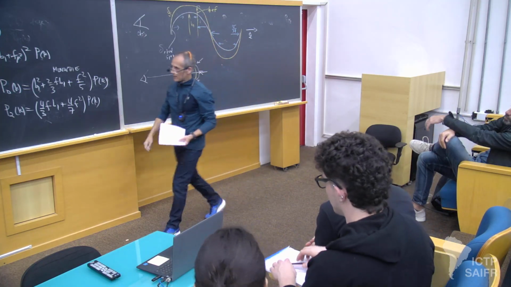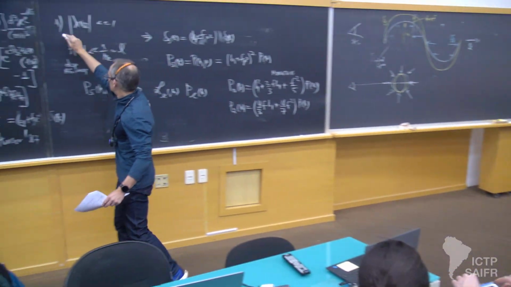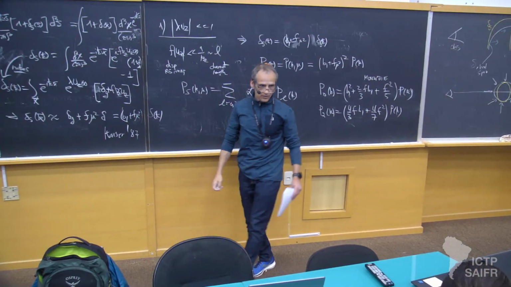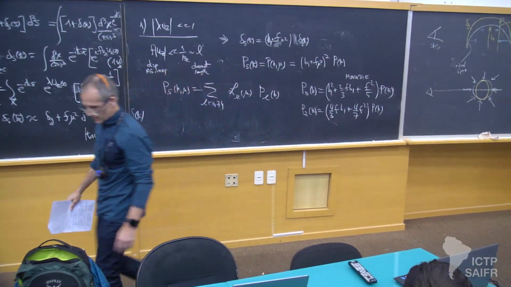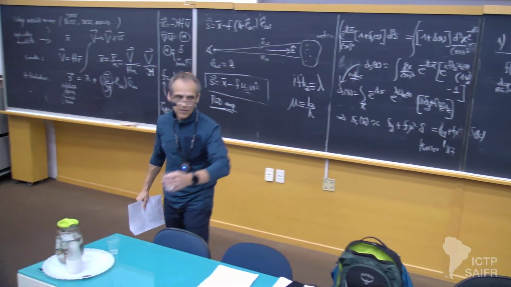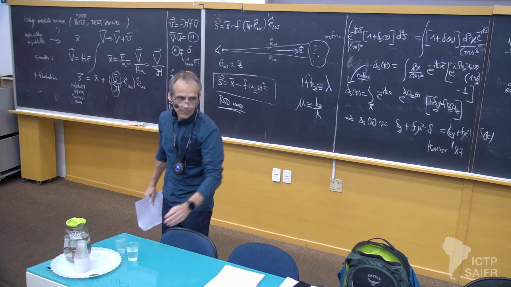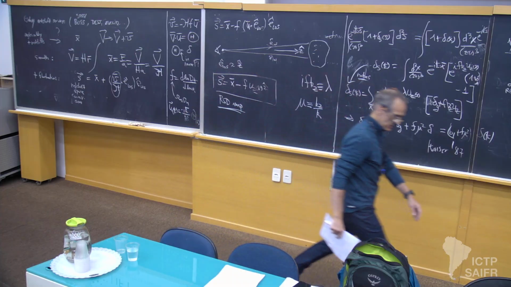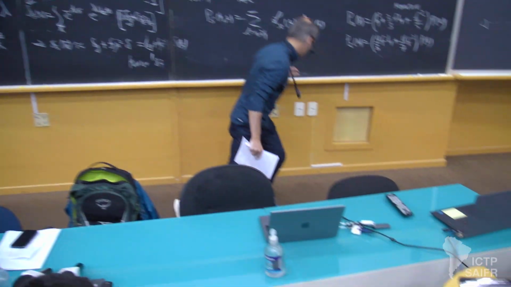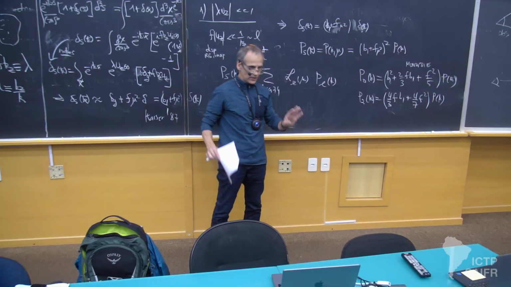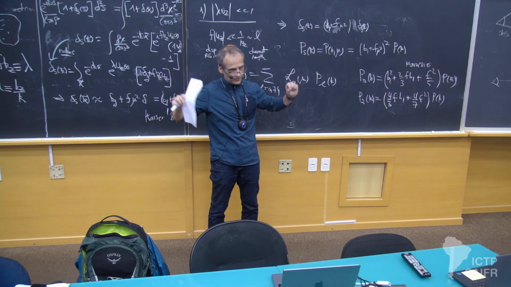Okay, so now let's look at the opposite limit. Sorry, so basically, if you are looking, for example, at collisions of galaxies in space, what you will see is more galaxies where there are galaxies. No, the total number of galaxies is conserved.